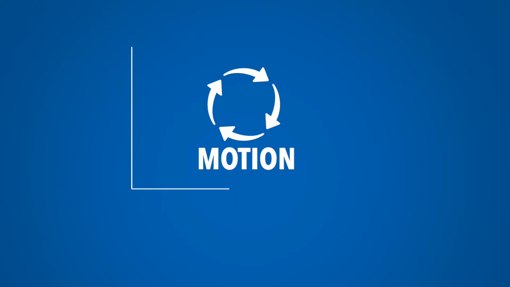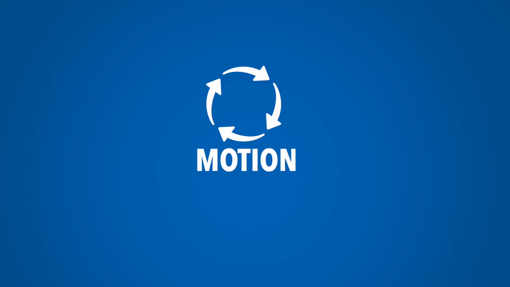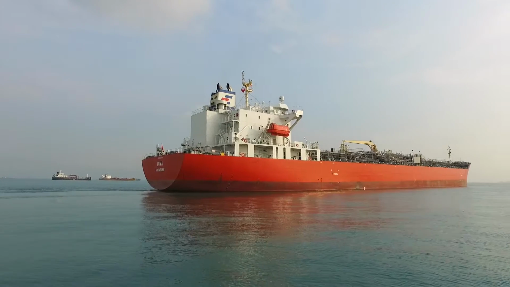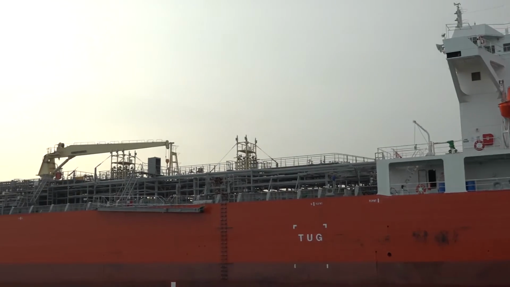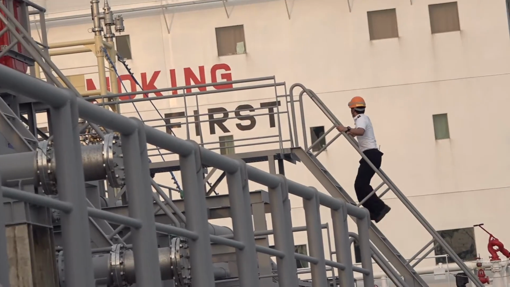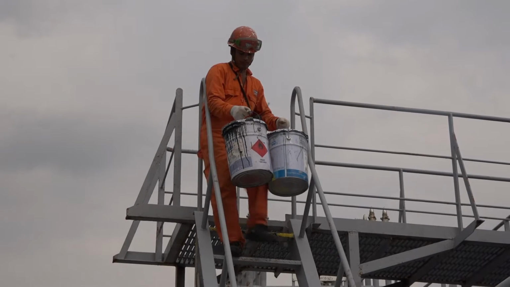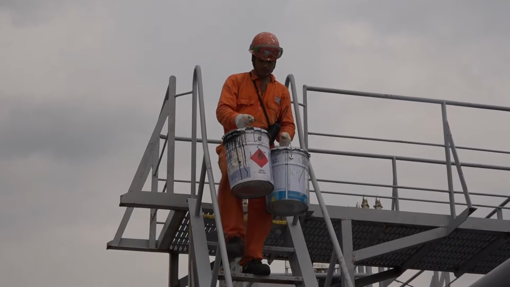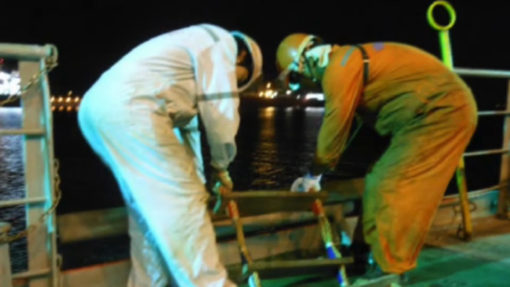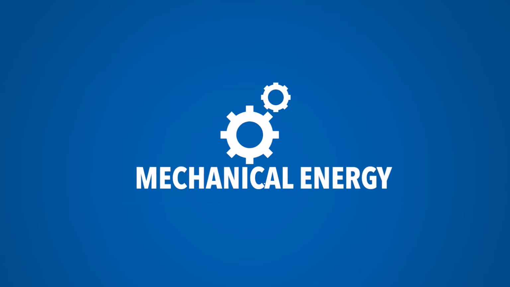Motion. Motion is another energy source which is present pretty much all of the time. For example, rolling and pitching at sea, lifting operations, and even our own movement could be a potential hazard. For example, using an incorrect posture when lifting heavy items can cause you injury. Mechanical energy.